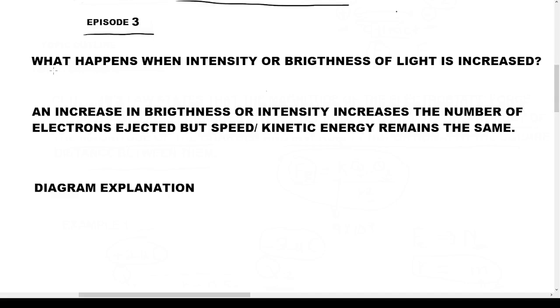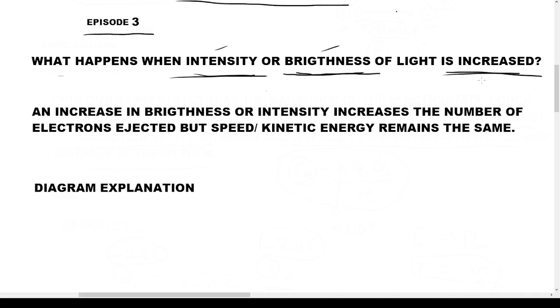They will first tell you that the intensity of the light, or they'll say the brightness of this light, has been increased. I want you to understand first that intensity and brightness mean the same thing. So sometimes they will say the intensity has been increased, or brightness has been increased.